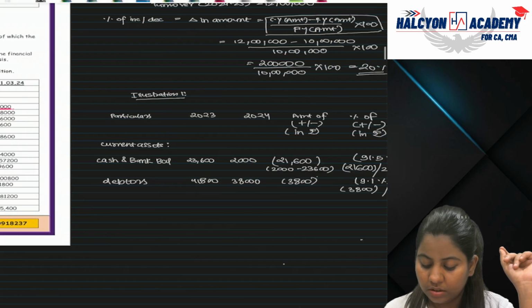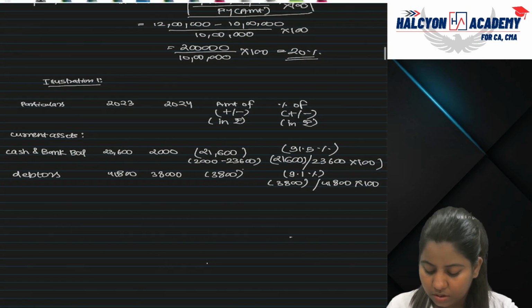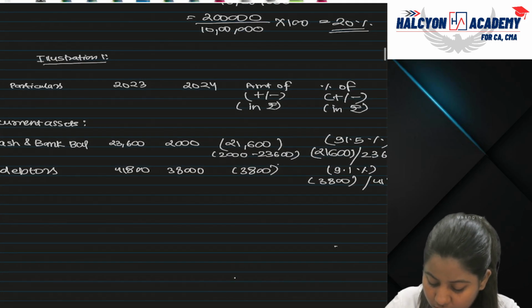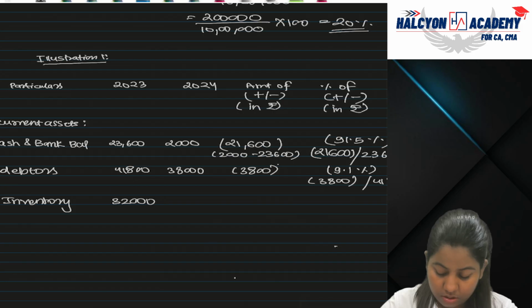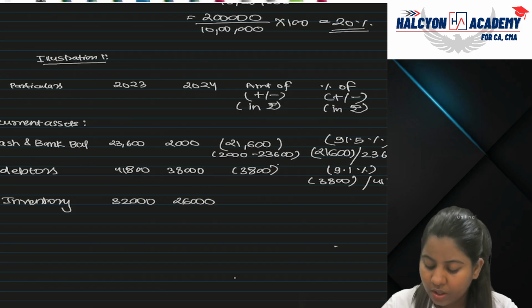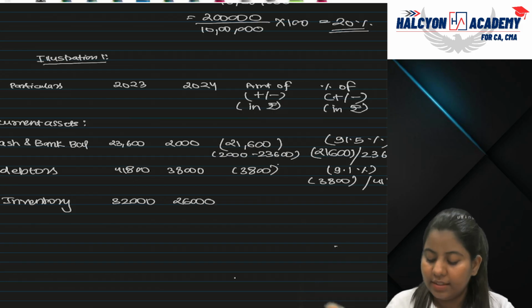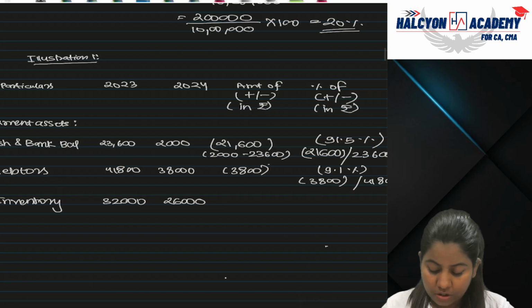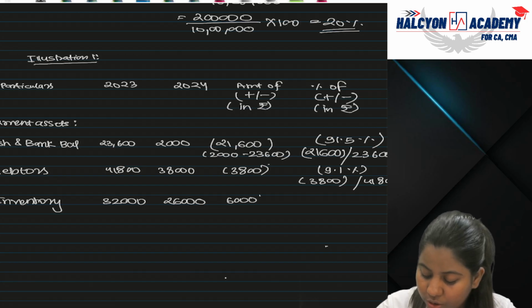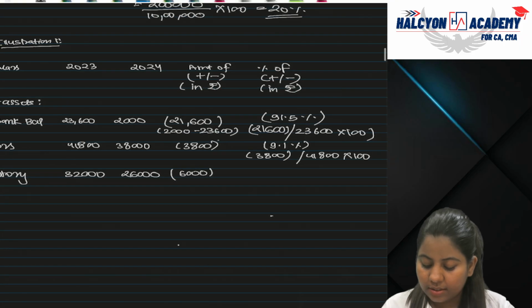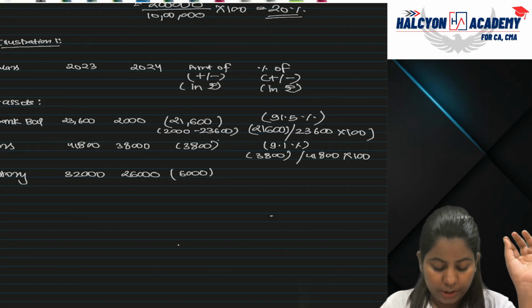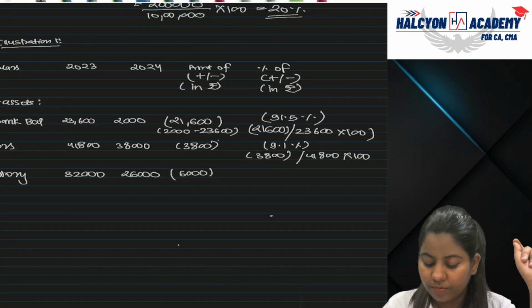Then inventory. Inventory is 32,000 and 26,000. Again, inventory is also decreasing, by 6,000. Calculate the percentage. 6,000 divided by 32,000 into 100.